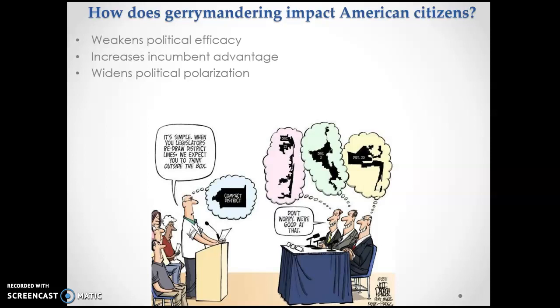Because what are you going to do? Vote for a Democrat? Or what are you going to do? Vote for a Republican? And they go like, no, the Democrat will never win this district. So you can get whatever crazy person in this district to say whatever they want because they know they're not going to lose.